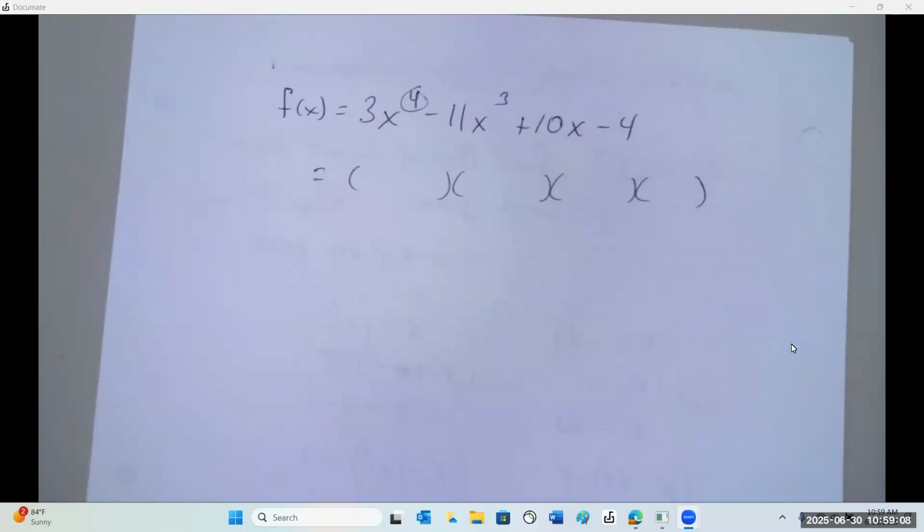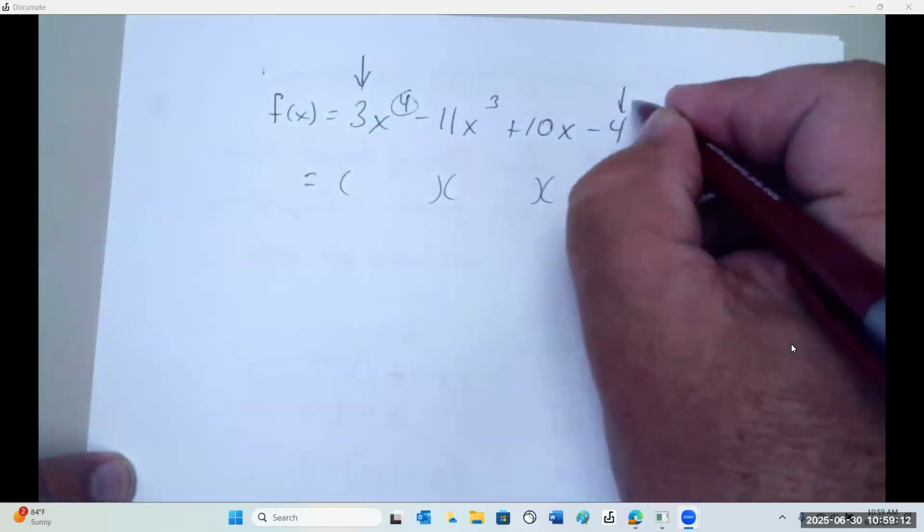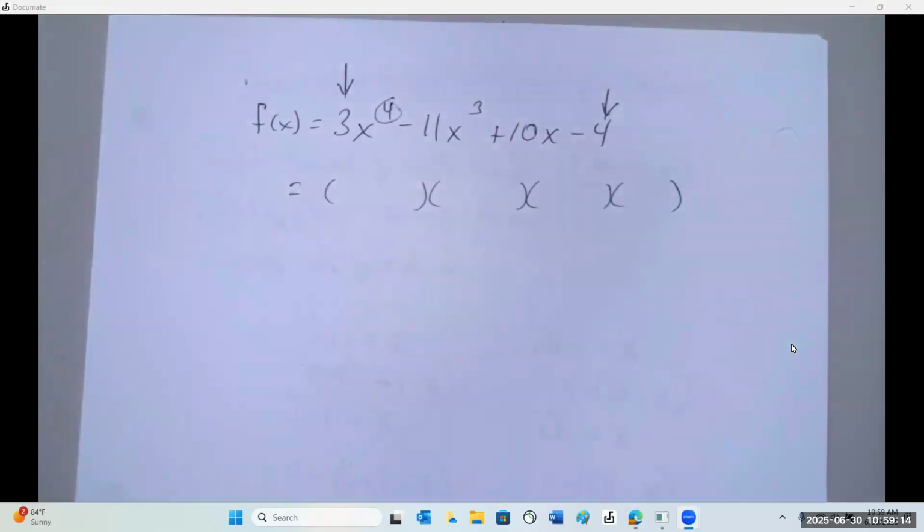The way we'll do this is we're going to focus on these two terms as well as the signs. And we have to know how to do synthetic division. So if you're not sure about synthetic division, review it, practice it. Because if not, this is going to take you hours to do one problem.